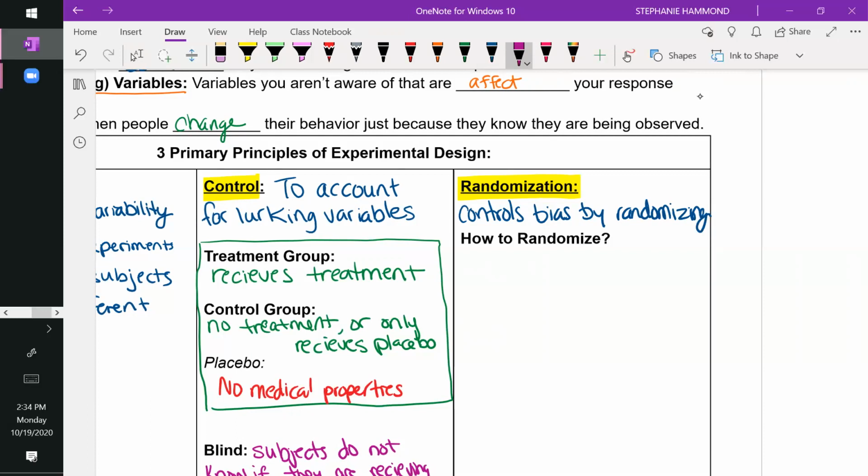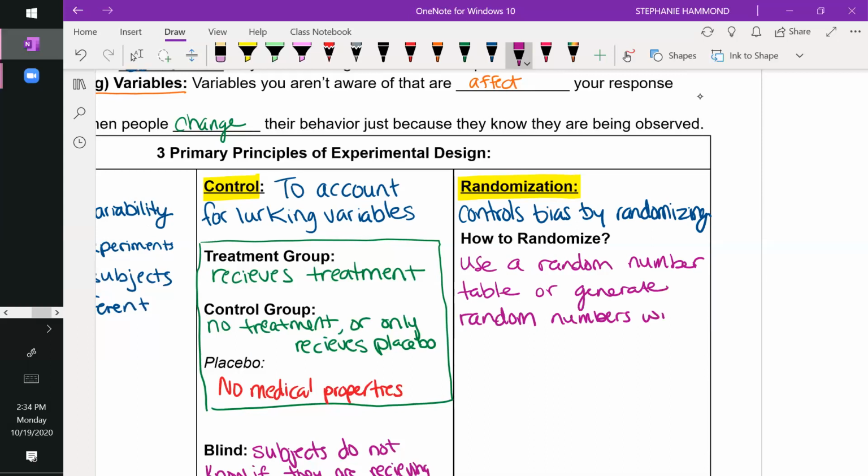We can either use a random number table, or our graphing calculator can be used to produce random numbers, or generate random numbers with software or your calculator. And that's going to help us randomize our experiments.